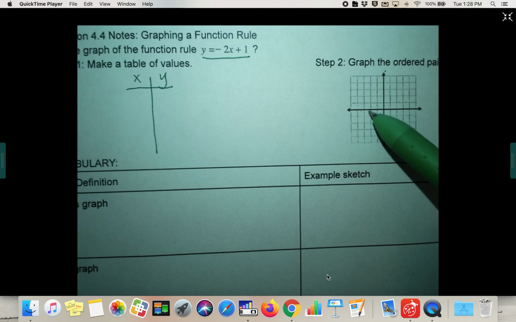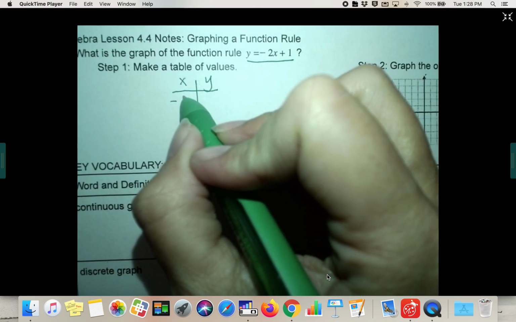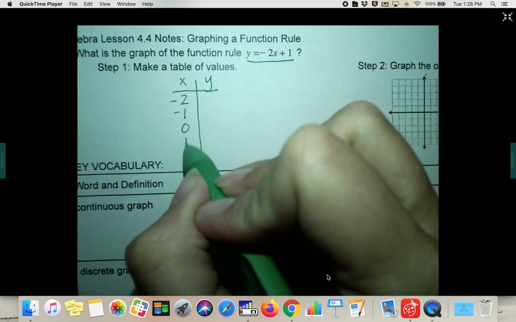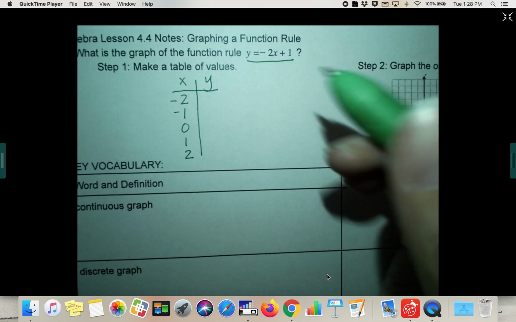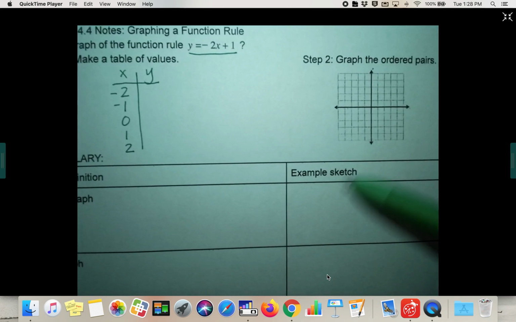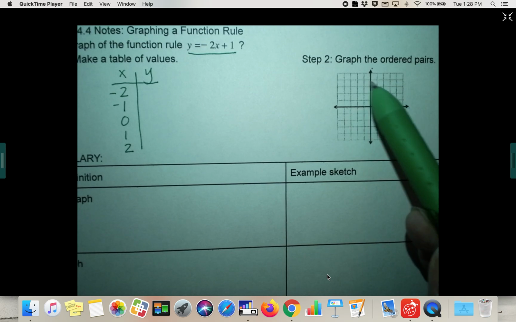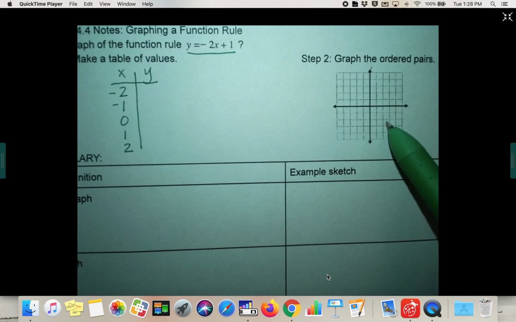So I want to choose some that maybe go as far left as negative 5 and as far right as positive 5. A good place to start would be a couple of negatives, a 0, and a couple of positives. I usually choose negative 2, negative 1, 0, 1, and 2 when I'm trying to graph a table, because then I know it'll be a little bit over here and a little bit over here, and it should be somewhere in the middle of our graph.